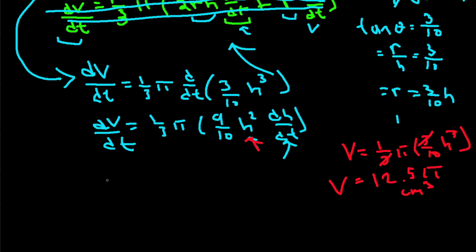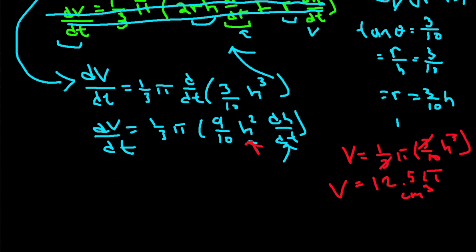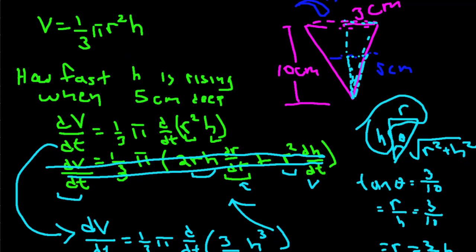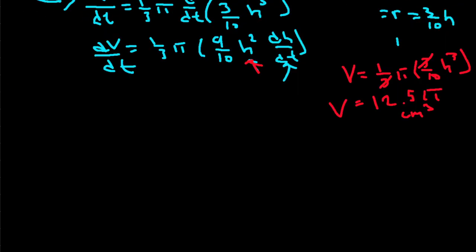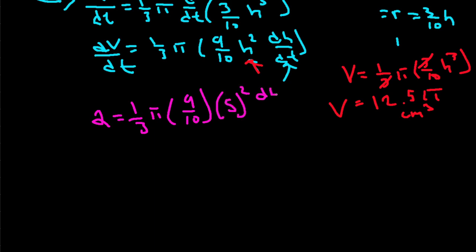So we can just go ahead and plug in for the volume, the rate at which we're pouring water in, which is 2 centimeters cubed per second in purple, equal to 1/3 pi times 9/10 times 5 squared dh/dt.